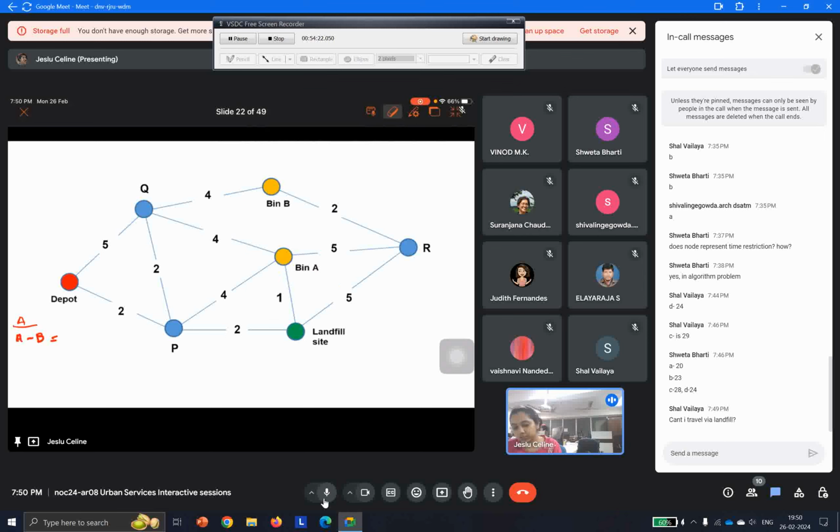Coming back now, A to B. A to B can be traveled this way, which means it's 5 plus 2. Then you can also go this way, which is 4 plus 4, which is 8. So you have two methods of traveling from A to B.